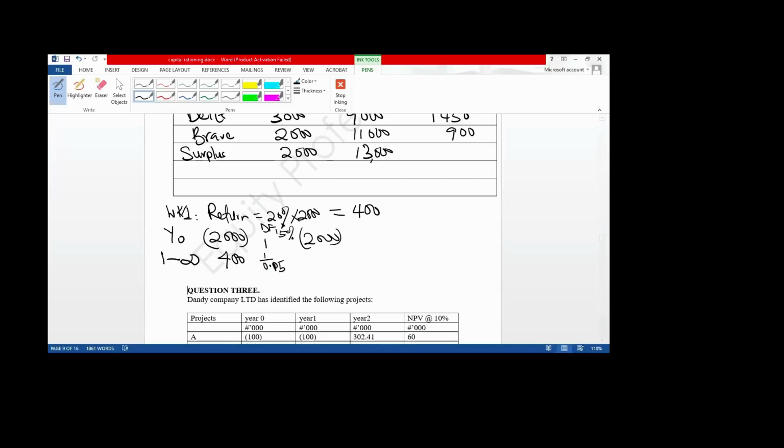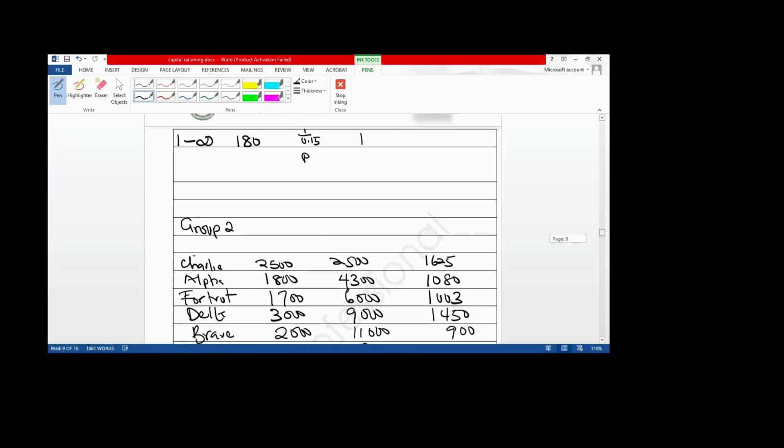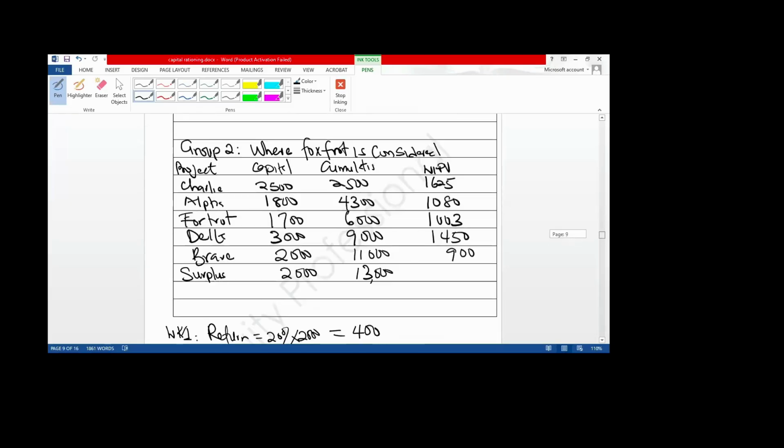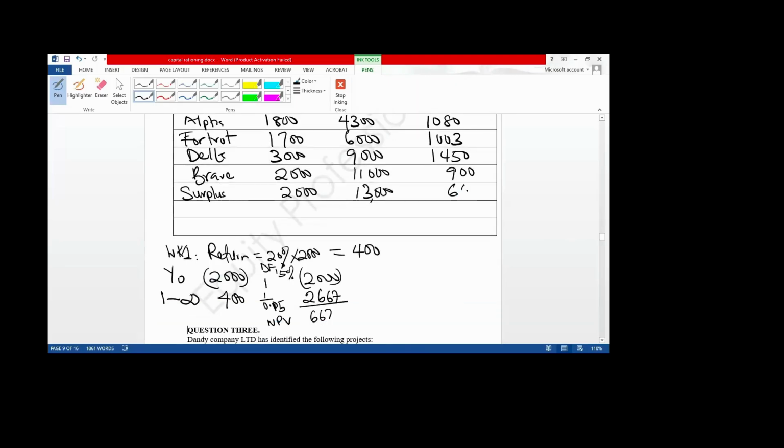What is the present value? 2,667. That means the NPV of this surplus funds is 667. If you invest the surplus funds, you are going to get an NPV of 667.